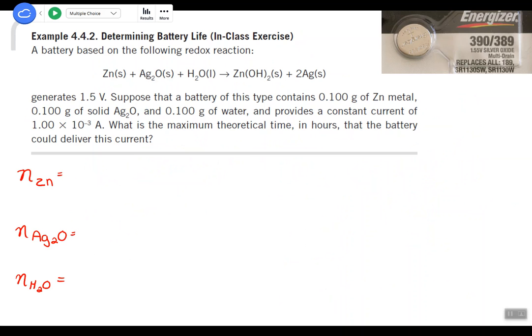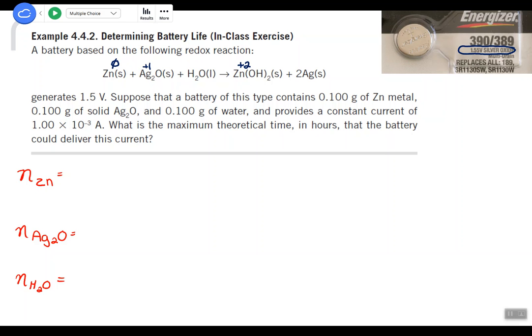What I want to do is analyze this silver oxide battery. I think this is a more interesting example. This is a little button battery. We've seen it already. You can buy it at a regular store. This battery is based on the following redox reaction. Zinc with an oxidation state of 0, going to zinc with an oxidation state of +2.